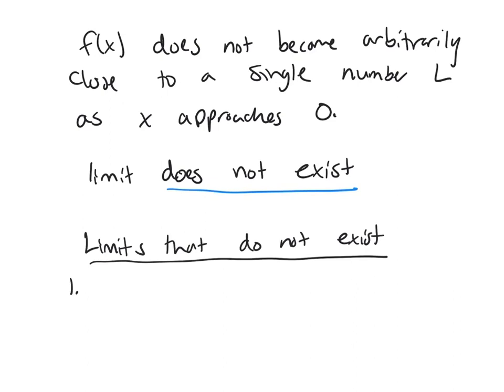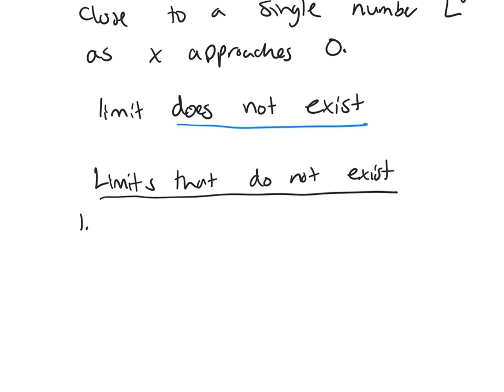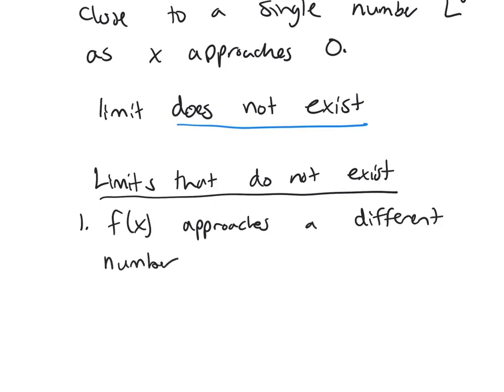So the first case is that f of x approaches a different number from the left and from the right. We saw that in our last video, last examples.